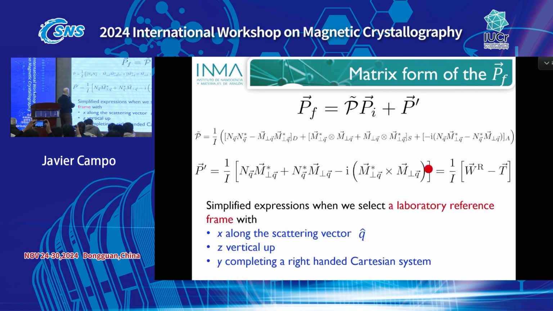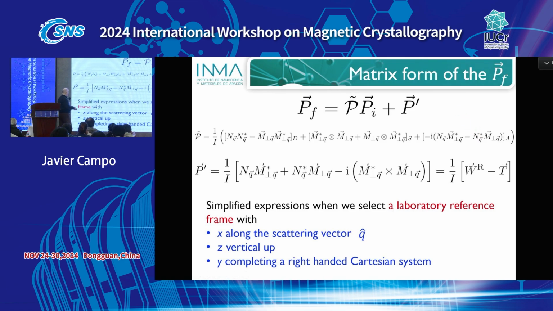And then this will appear in the diagonal term of one 3 by 3 matrix. This is a symmetric term that will appear on both sides of the diagonal with the same sign, and this is an antisymmetric term, which will appear also on both sides, but changing the sign.